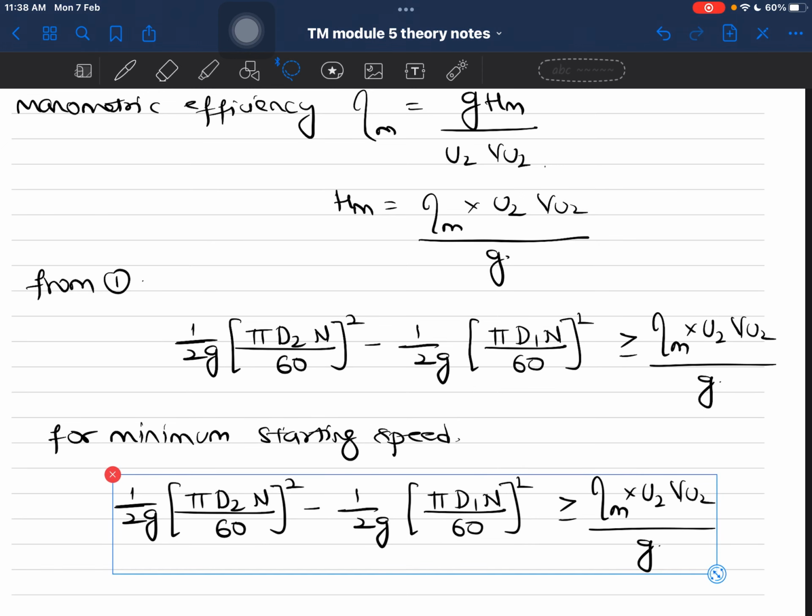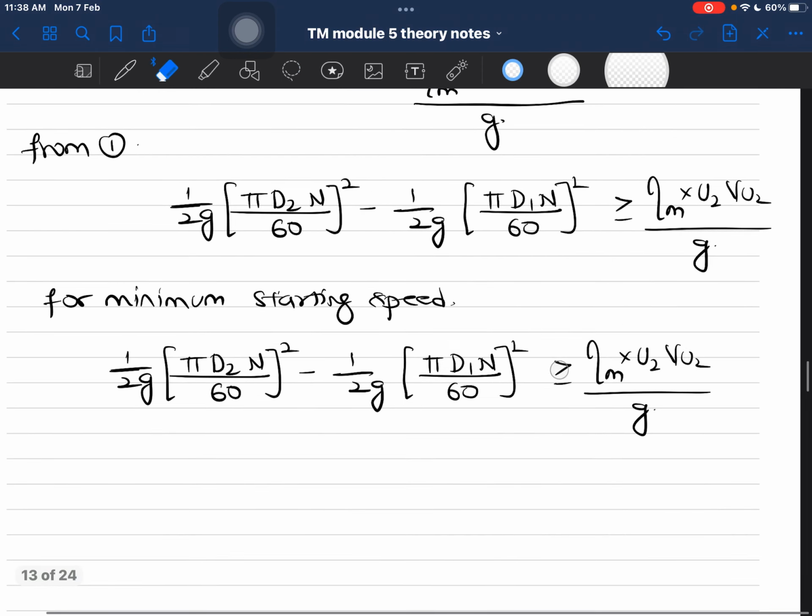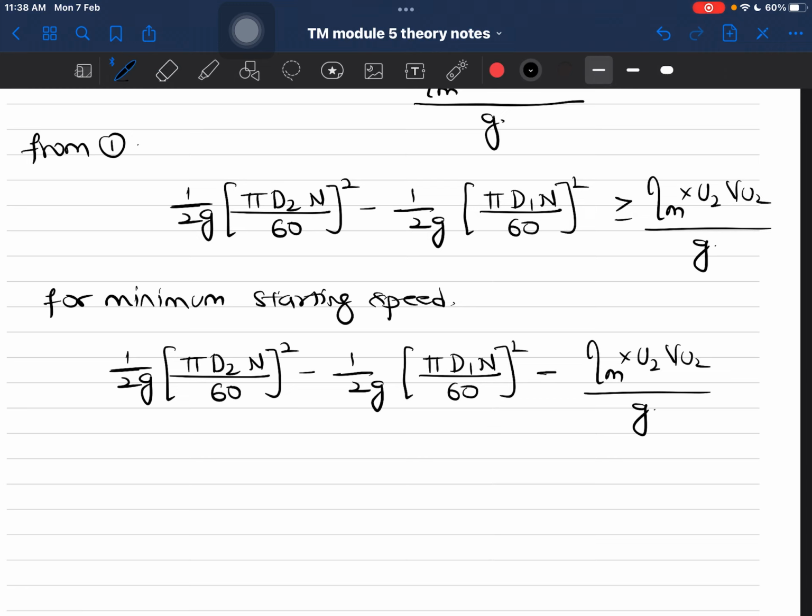Same thing with an equal to sign in between. Again, I can even write this U2 as pi d2 N divided by 60, so into 60, I'll write it here.